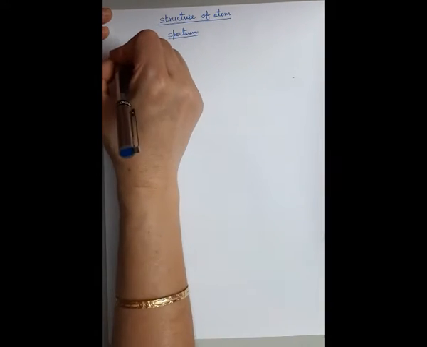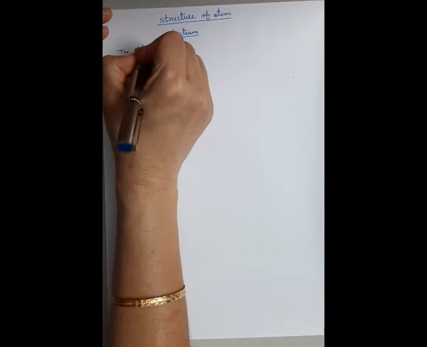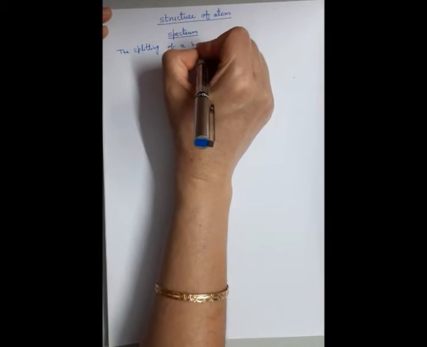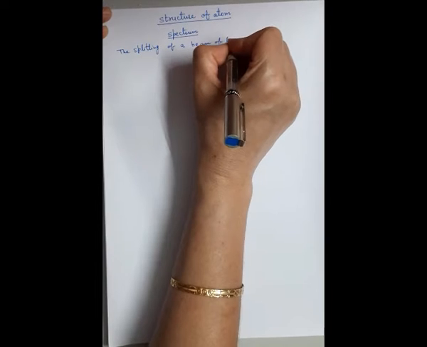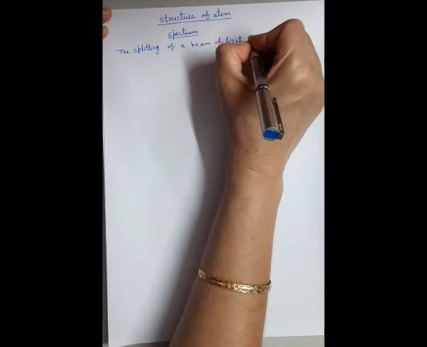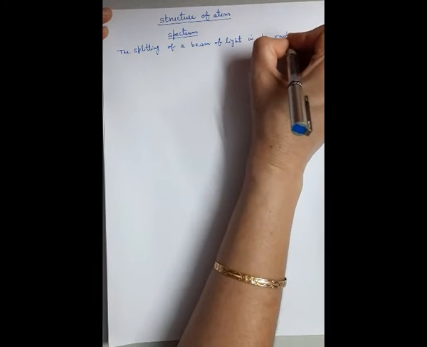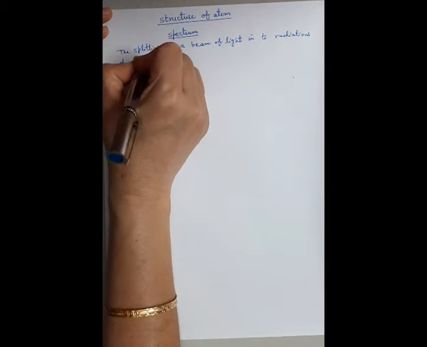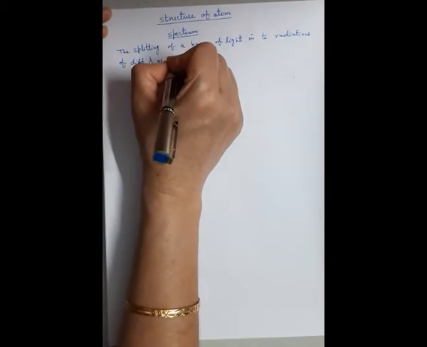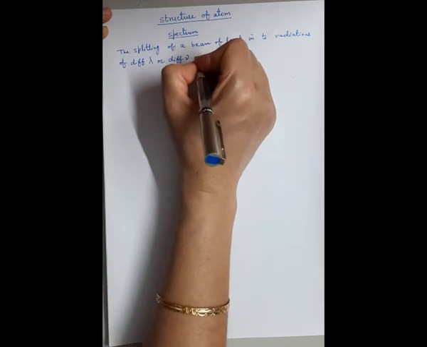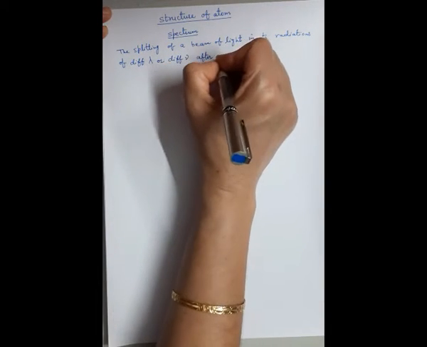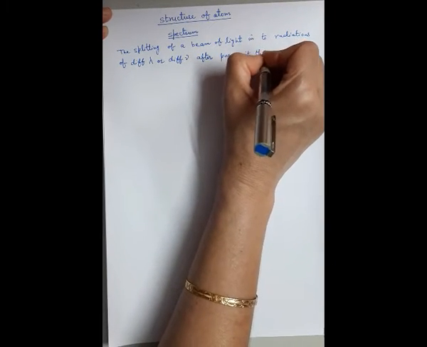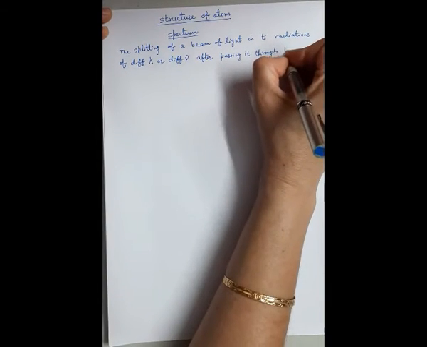So we can say the splitting of a beam of light, it could be sunlight or any other light, into radiations of different wavelength or different frequency after passing it through a prism.